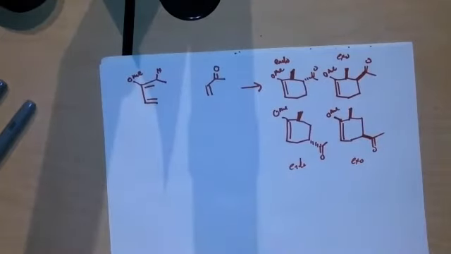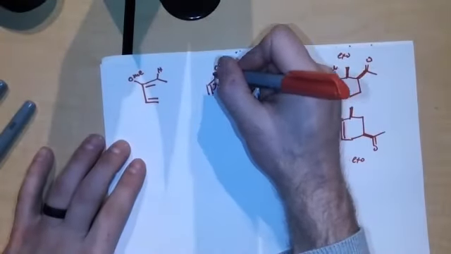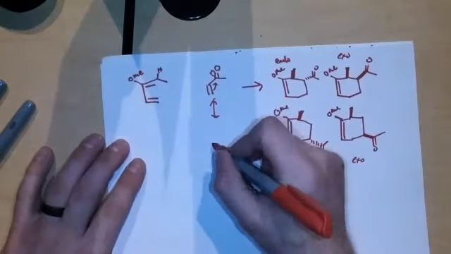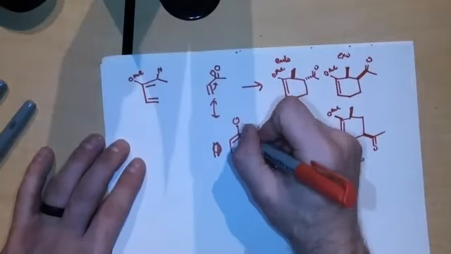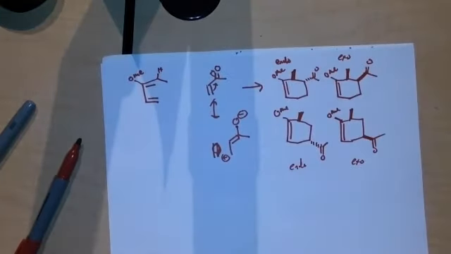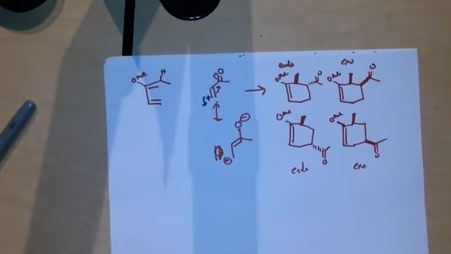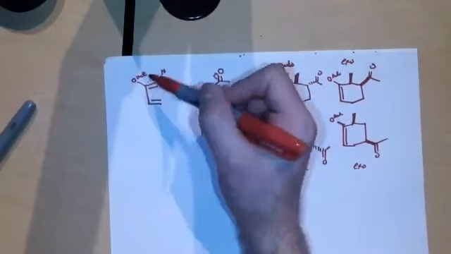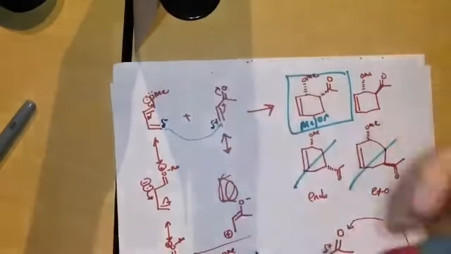Let's take a look at our resonance. The first one is pretty straightforward. This is the exact same, so let's push these. We can get a positive here and a negative here, so we'll get a partial positive. When I have the methyl group in this position versus on the last one, where we were one carbon over on the top, it is going to change how the resonance works.